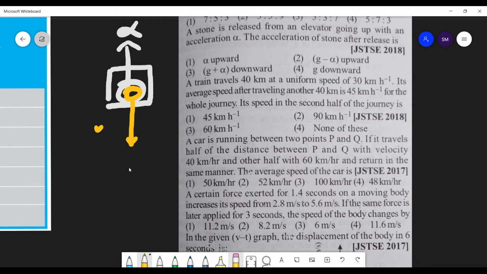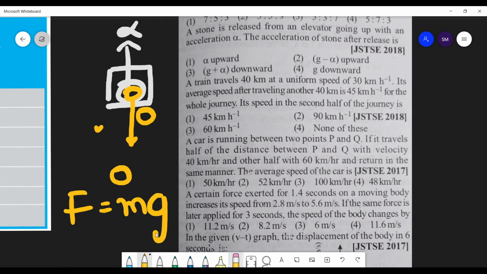See, whenever an object is in air, right, it is released from the elevator, and now the stone is in air. Just after the release, the stone will be here. It is in air. So tell me, which force is acting on this stone? Gravitational force. And for force, the formula is F is equal to ma. For gravitational force, the acceleration will be g.